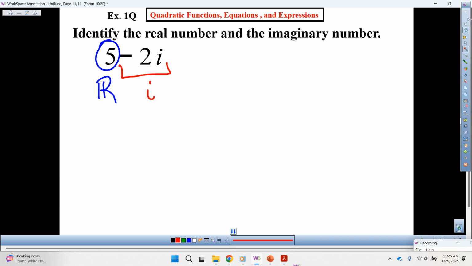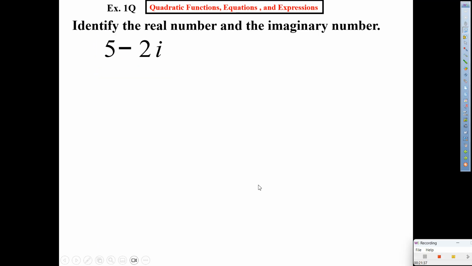Hands, have you got that? All right. Here goes another one. Let me send it to your screen. Again, label the real number and label the imaginary number.